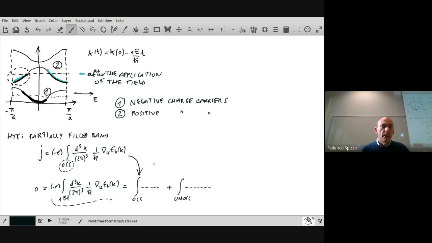The contribution of the occupied levels is the value of the current that I had before. If the sum of these two has to be equal to 0, then the integral over the occupied levels has to be equal to minus the integral over the unoccupied levels.